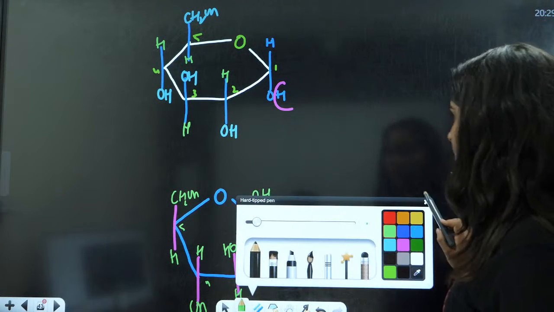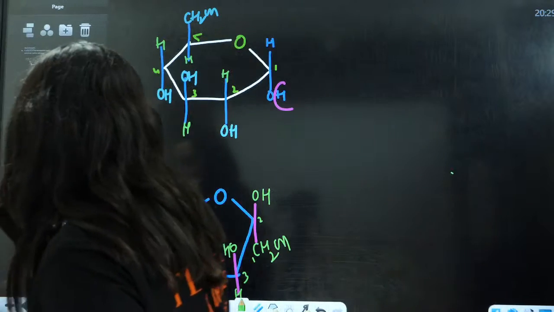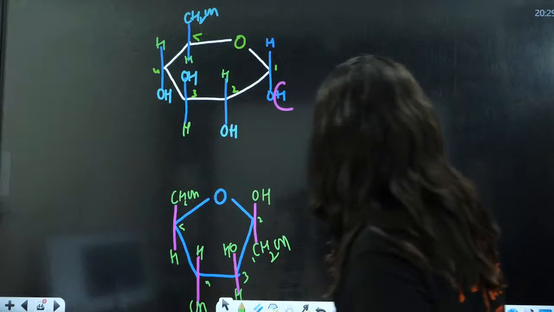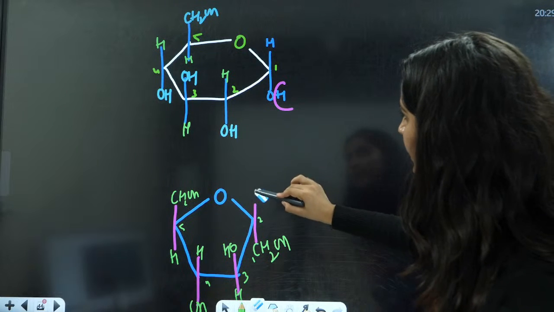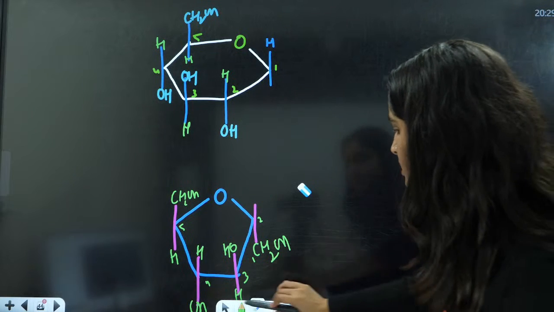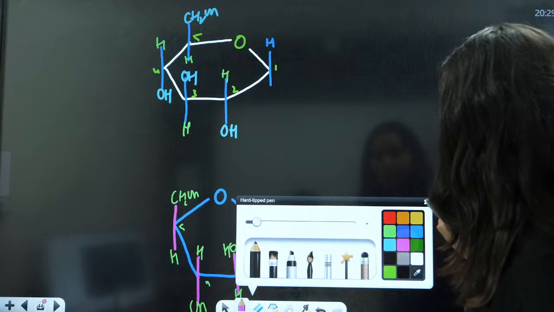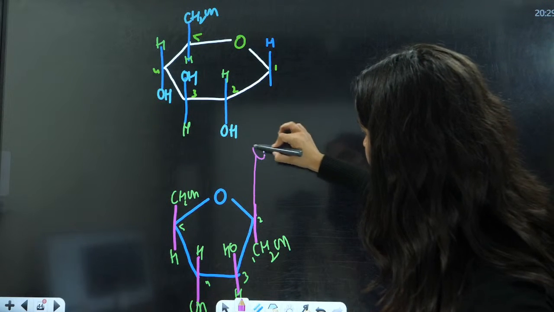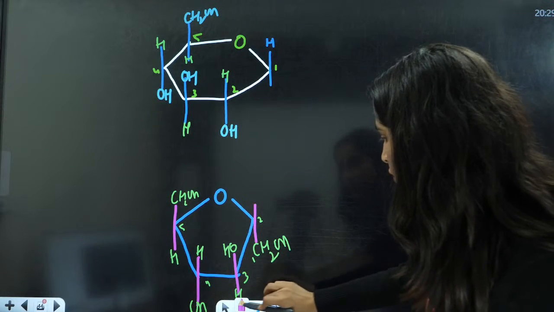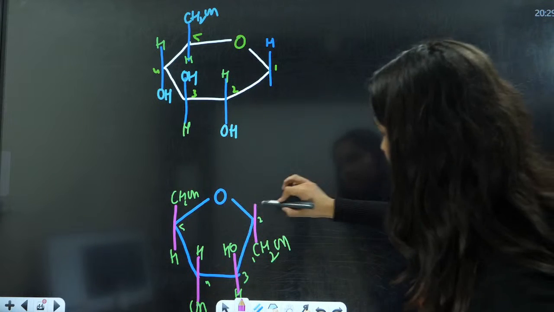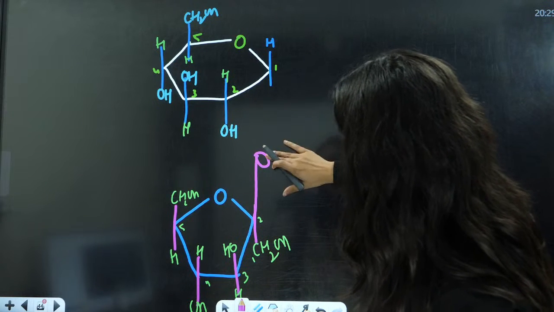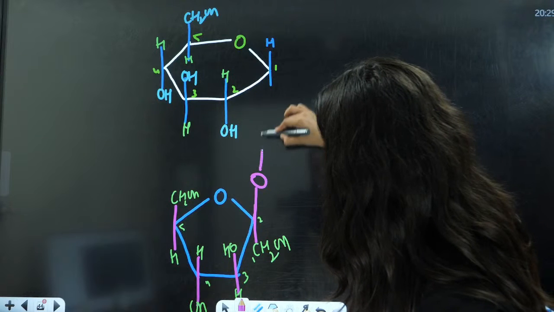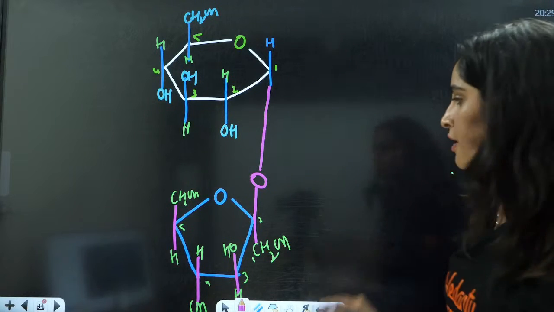Now in some books they will draw the linkage like this, with O, and this is the O part. Why?